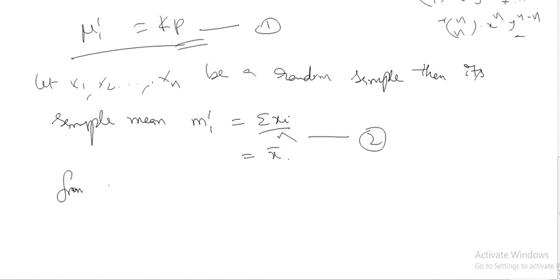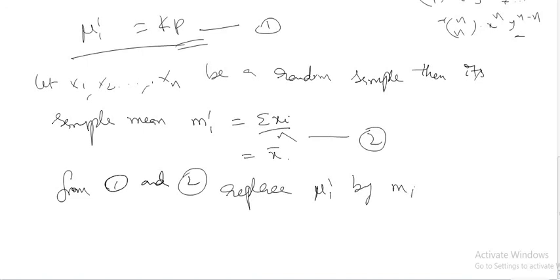From 1 and 2, replace mu1 dash by m1, population values by sample values. Then we have m1 dash equals x bar.